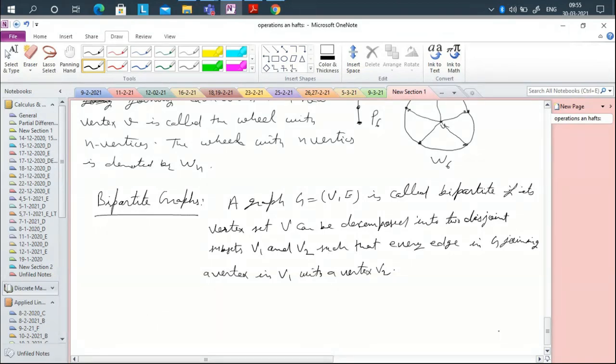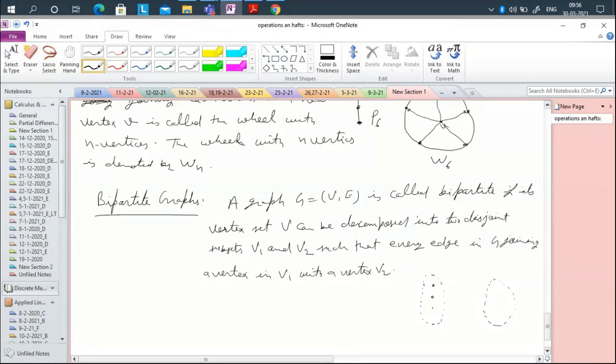So for a bipartite graph, we decompose the set of vertices into two disjoint sets, such that every edge in G joins a vertex in V1 with a vertex in V2.